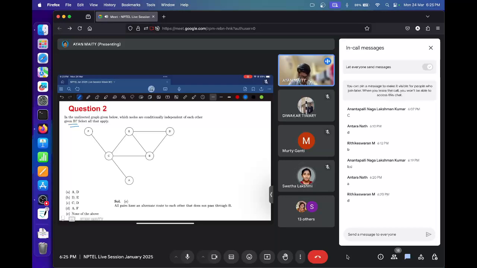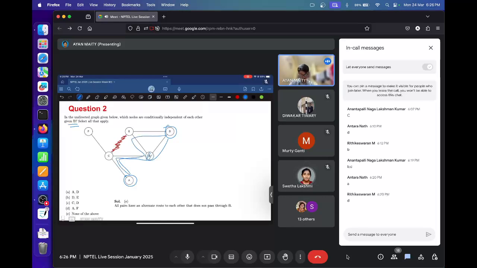For example, if this edge was not given between C and D, then if we are asked to find out the independence of A and D, all the paths between A and D go through this B variable, isn't it?